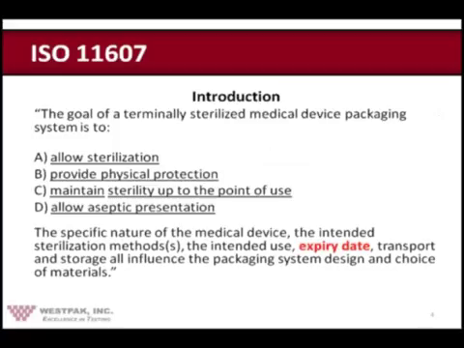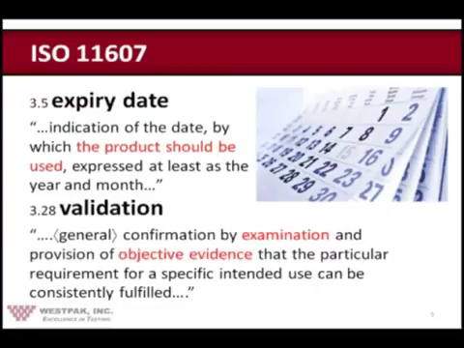So when they hear that term, that's exactly what they mean, the expiry date. Here's their definition. It's the date by which the product should be used, and it's expressed in month and year. And then there's a validation that they indicate, and this is by examination and provision for objective evidence that these requirements have been fulfilled.